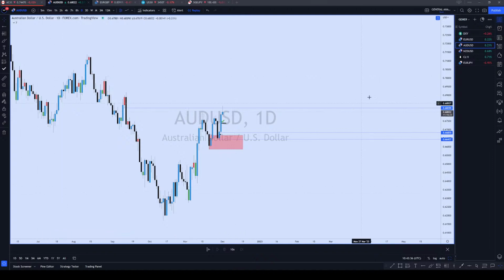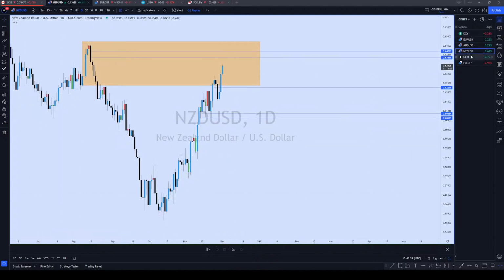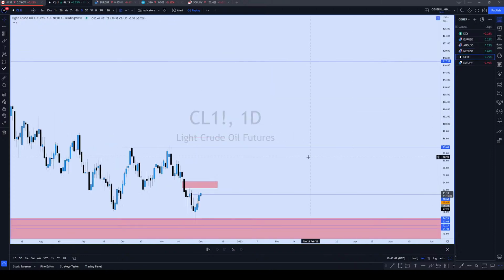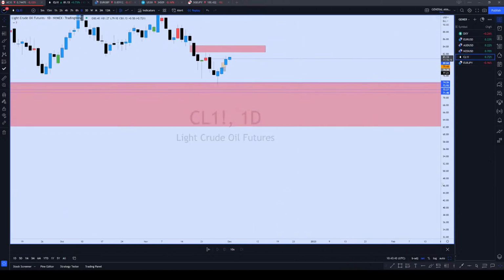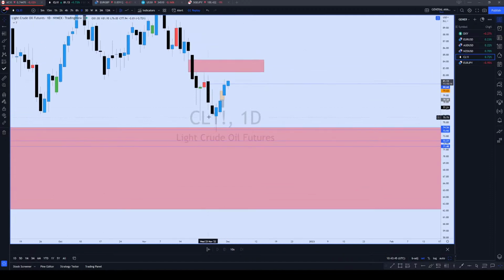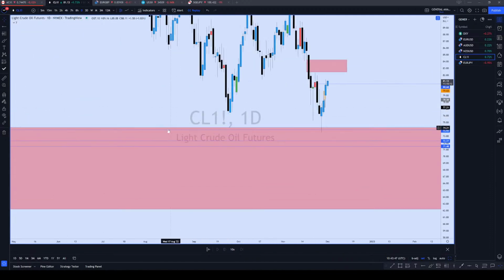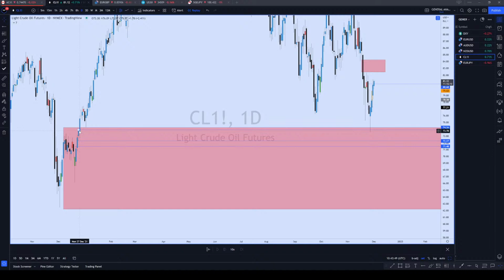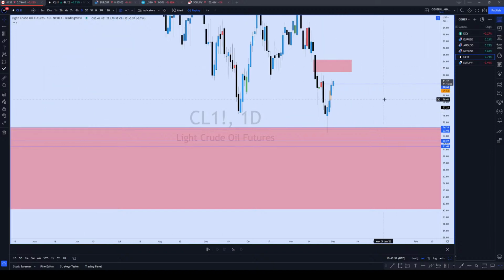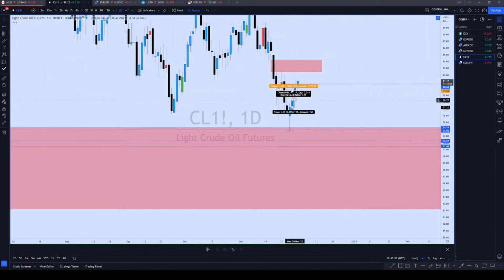All right, we've talked about New Zealand. Crude oil, at the beginning of the week, I anticipated them going here, and that's what they did. And then Tuesday, I got confirmation that price wants to come up here, and you can see since then price is heading towards that level.